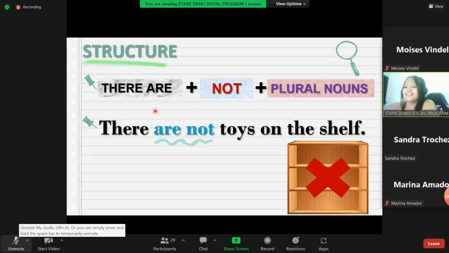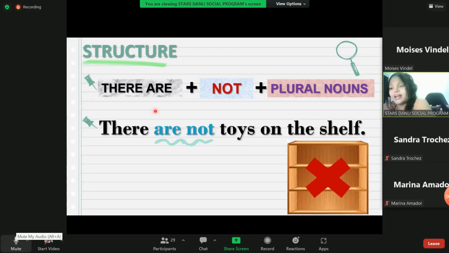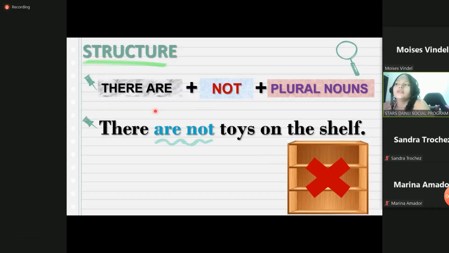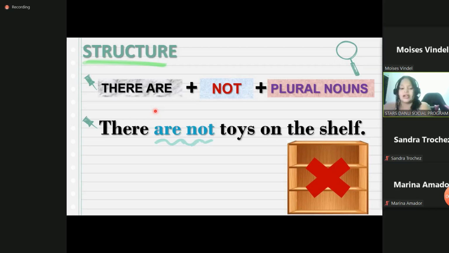So again, we can use contraction if we talk about are and not. What is the contraction form of are and not? Aren't, right? So we could say there aren't. Good. We could say there are not, or as Moises said, there aren't toys on the shelf. Okay, there aren't toys on the shelf.